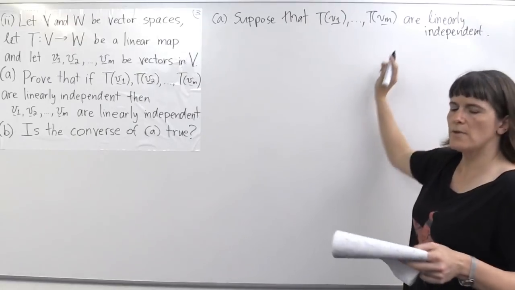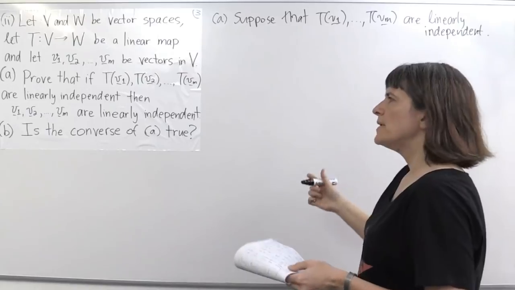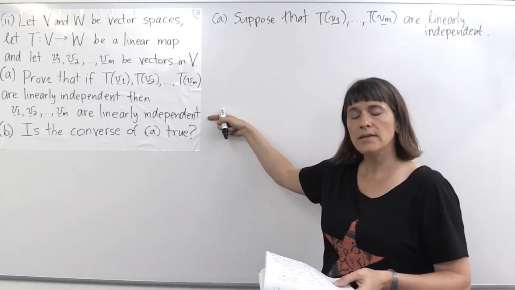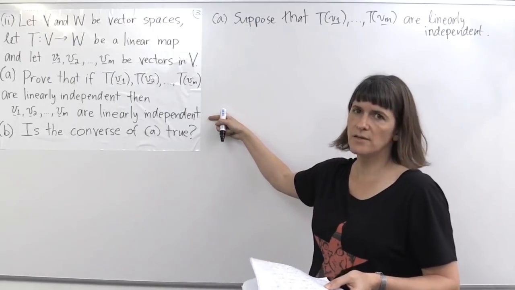I think it's worth writing that down so that you tell everyone you know that you can use this information. But now we want to show that these guys are linearly independent, so you take an arbitrary linear combination of them and set it to 0.